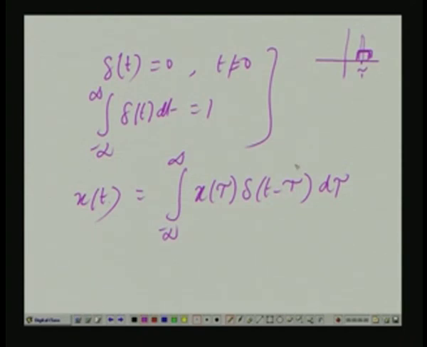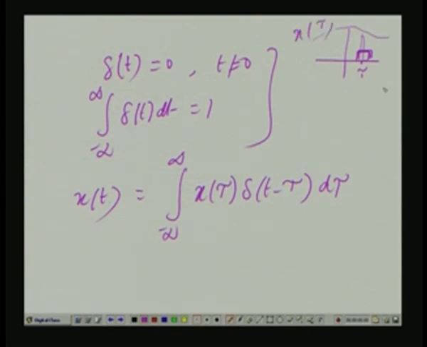Now, you are not only taking the box, you are multiplying it by a value x(tau). So the area is not 1 but x(tau), and when you compress it, the area still remains x(tau). You are first approximating delta(t minus tau) by a box of area 1, and there is a function x(tau).